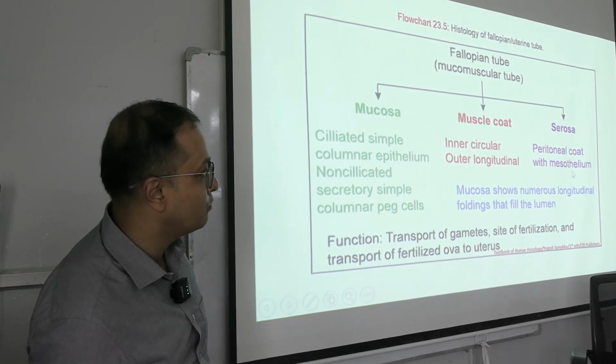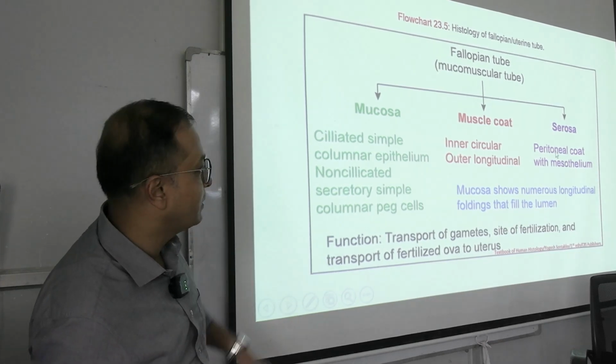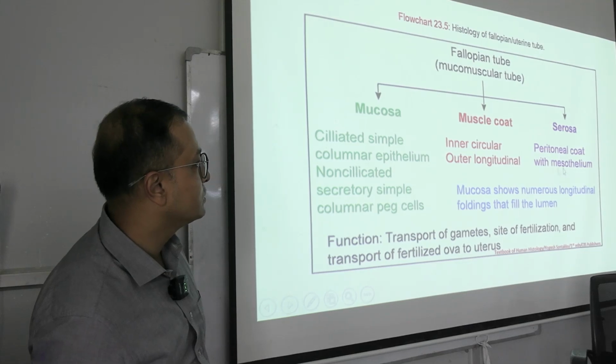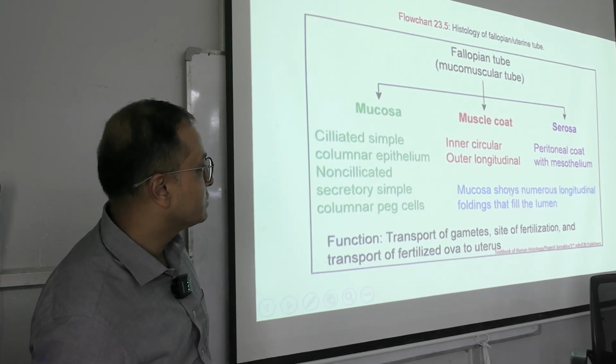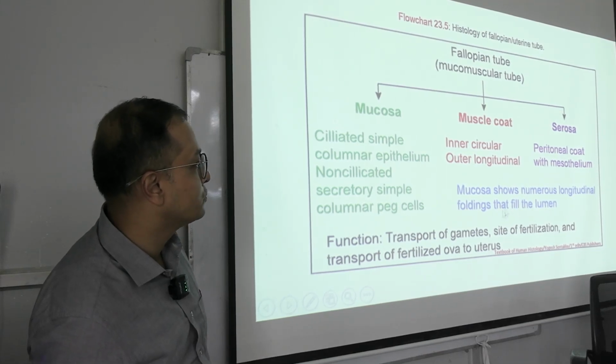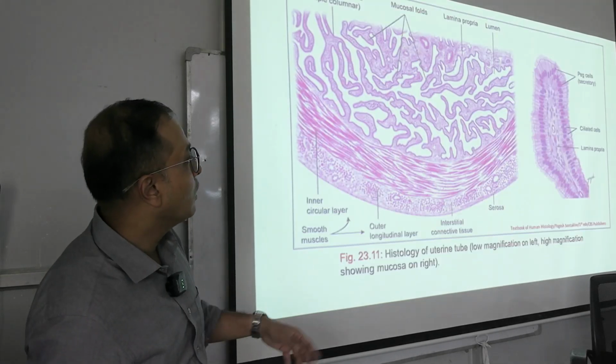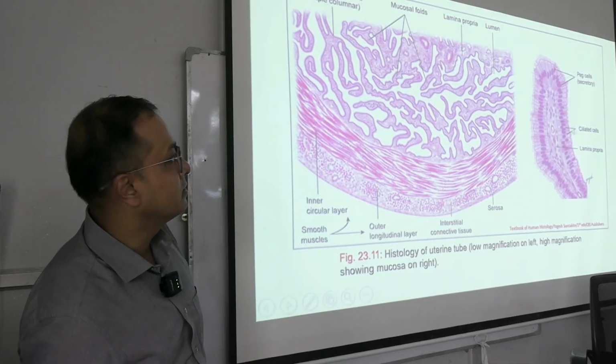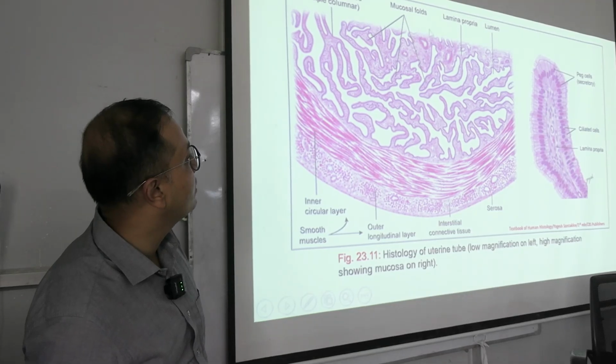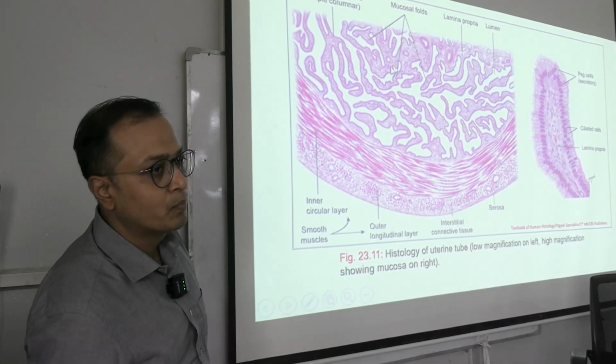The serosa, the outermost layer, is the peritoneal layer, a mesothelium covering. Now this mucosa shows numerous longitudinal folds. This is the hallmark to identify it. We call this pattern a fern pattern. What you are seeing here is the cavity or lumen of the fallopian tube.